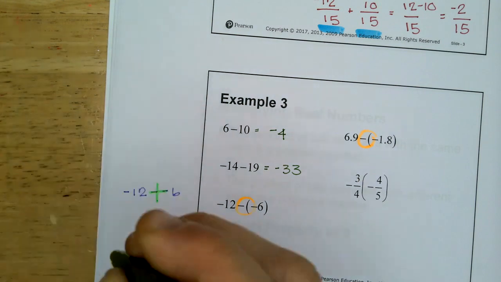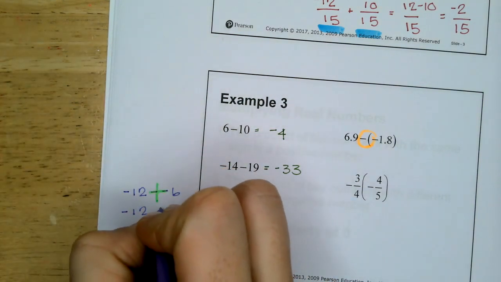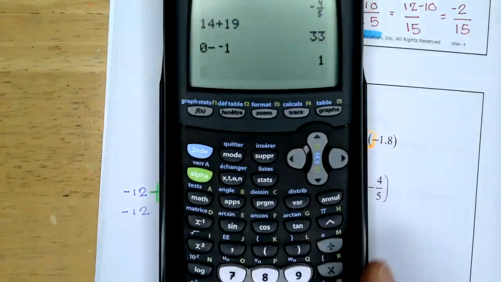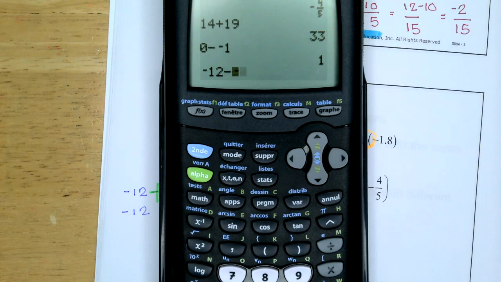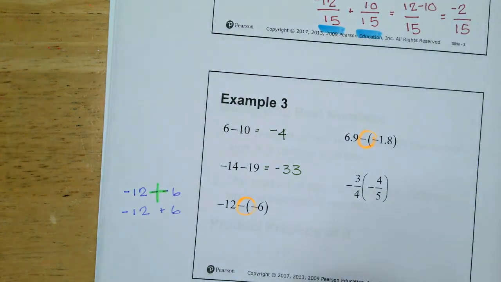That is now -12 plus 6, okay? -12 minus -6 is going to give me -6. -12 plus 6 is also going to give me -6, okay?